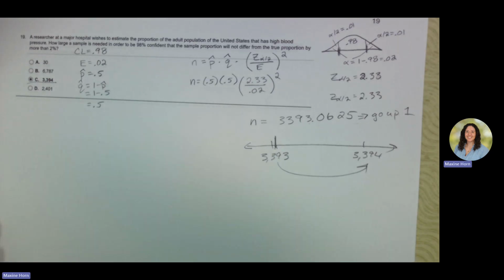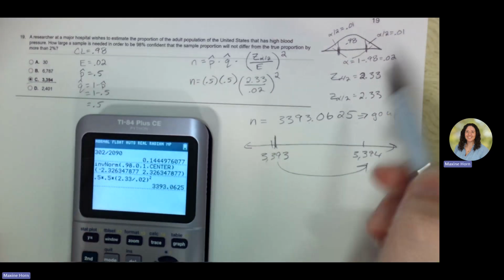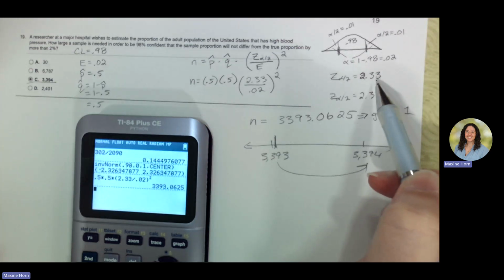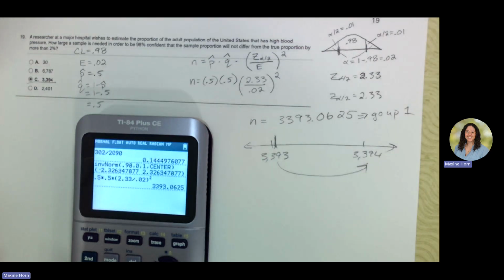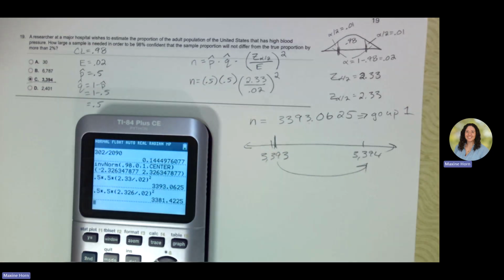And then just to show you real quick what I was talking about with the rounding here, if I had gone to 3 decimal places, so 2.326, I would have had 0.5 times 0.5 times 2.326 over 0.02 squared. And you can see I'm getting a bit of a different number there, right?